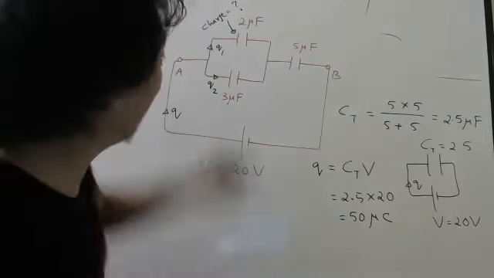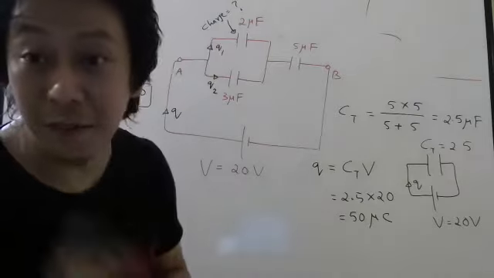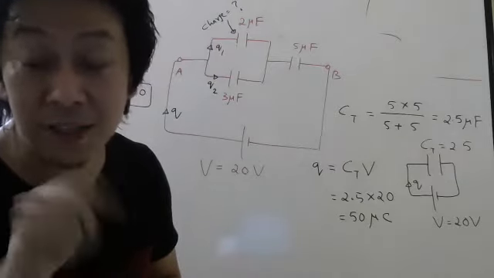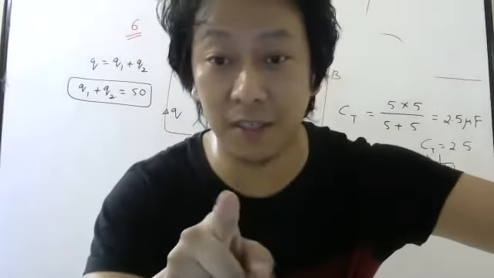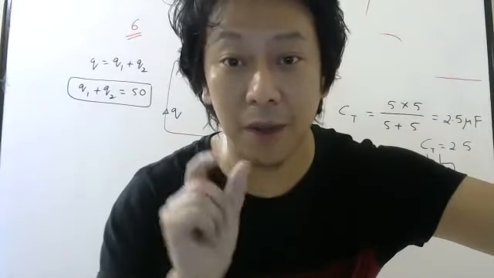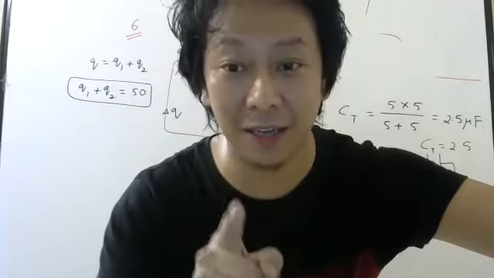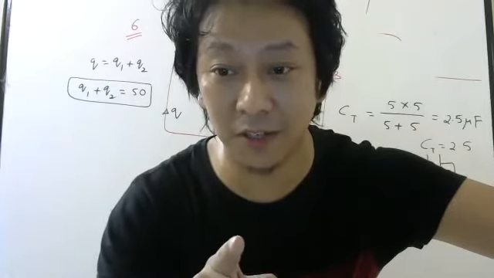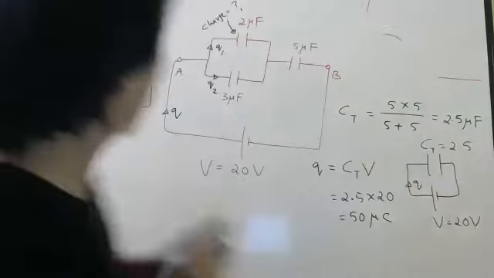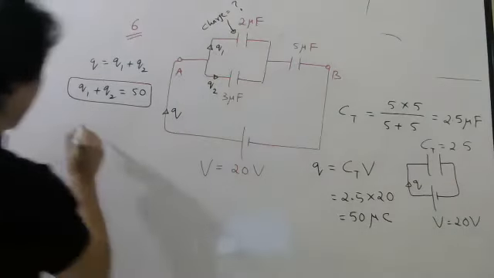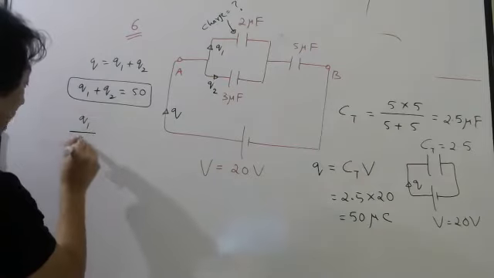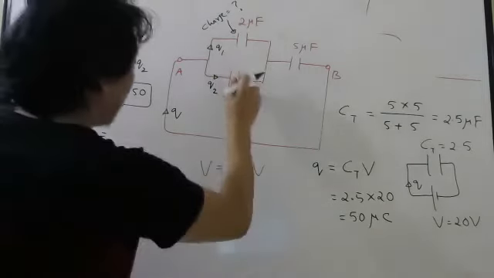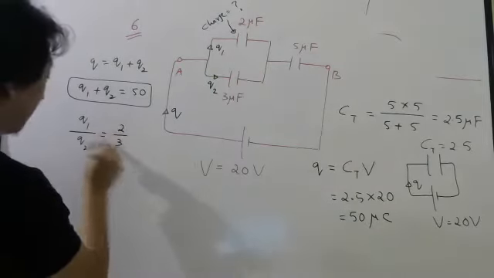And if you remember, these two are in parallel. So in parallel, voltage will be equal, but charge will divide in direct ratio or inverse ratio of capacitance. Quickly tell me. In parallel, charge will divide in direct ratio of capacitance or inverse ratio? Direct ratio. Very good. That means this Q1 by Q2 I can write as C1 by C2, which is 2 by 3.